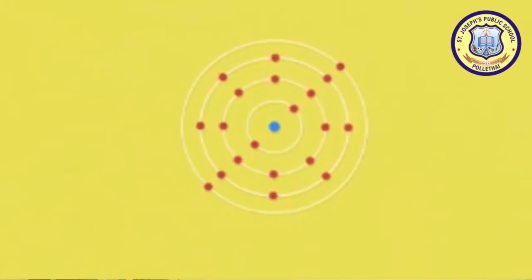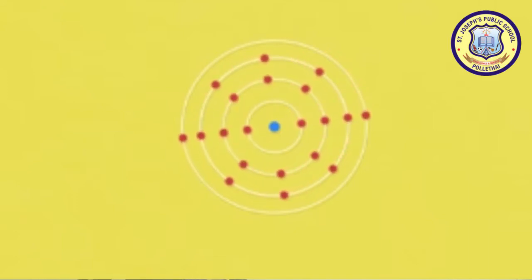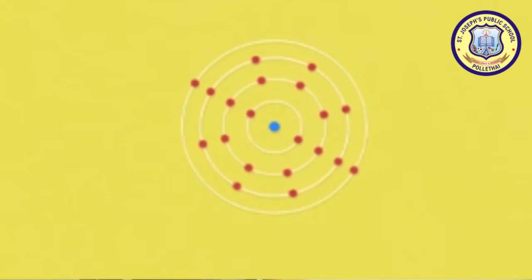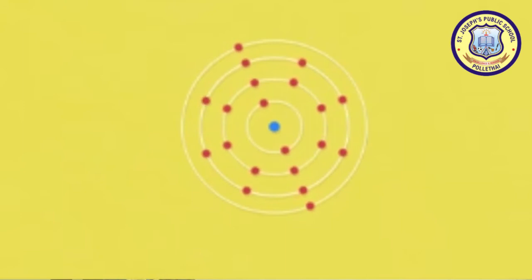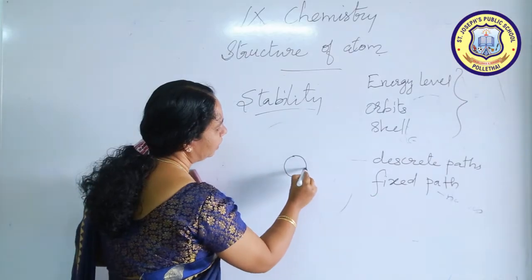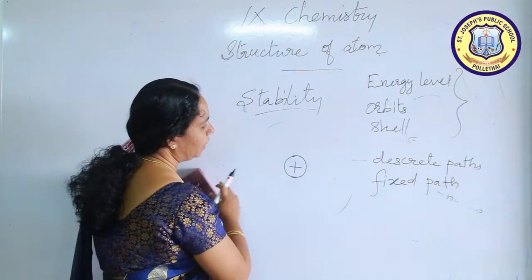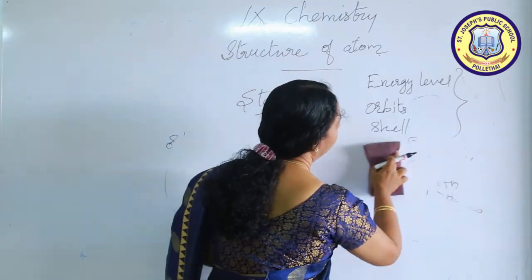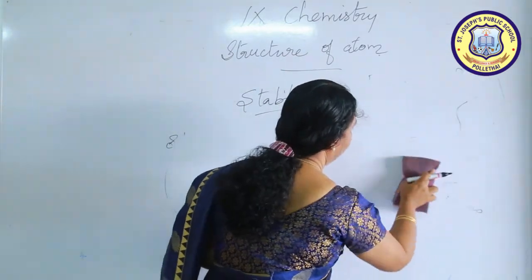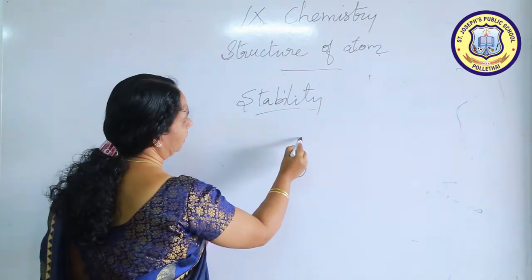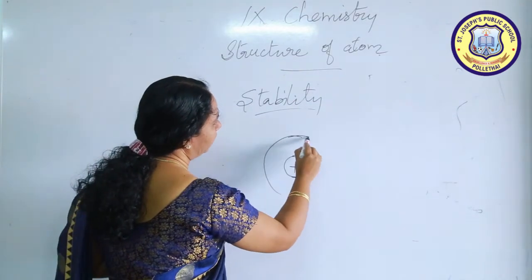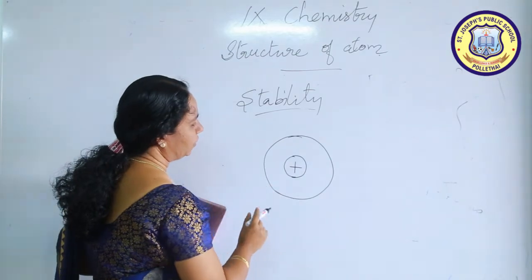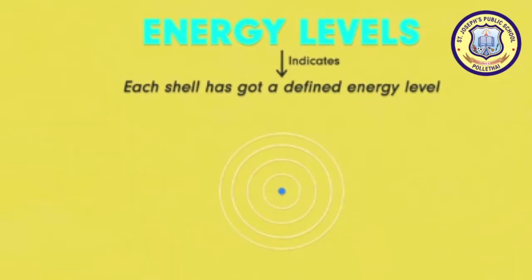Now, the center of the atom is the nucleus, and electrons are revolving through energy levels. We will see how Niels Bohr named these energy levels.